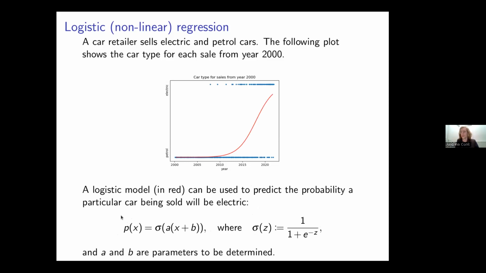If we assume that our data follows this model, we can optimize this logistic sigmoid to best fit our data. Basically, it indicates for each year x the probability that a given customer will buy an electric car. And again, here we're optimizing parameters a and b.